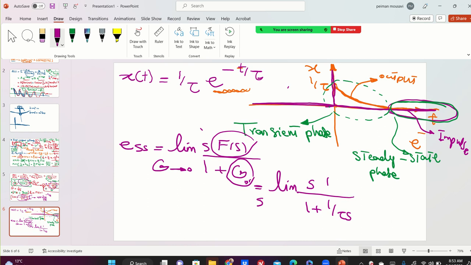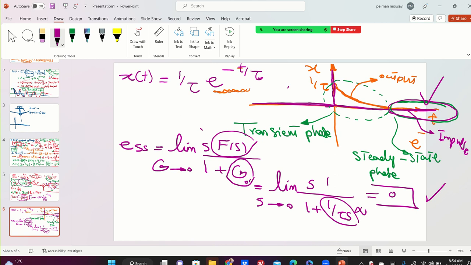So if you put s equal to 0, it's going to be infinity, 1 over infinity, 0. Bingo. Your output follows your input. Clear, everybody? Yes?